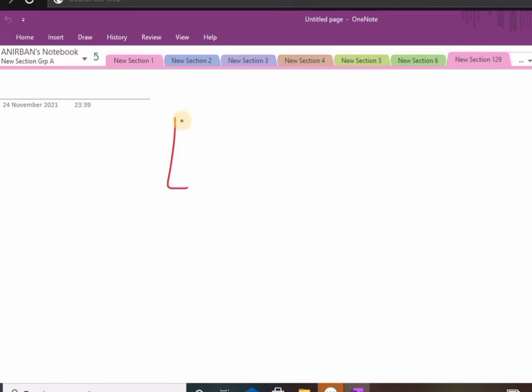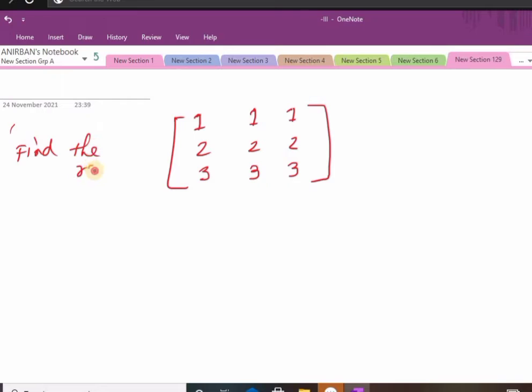Suppose we have this matrix 1 1 1, 2 2 2, 3 3 3. What will be the rank? Find the rank of this matrix. How to do this?